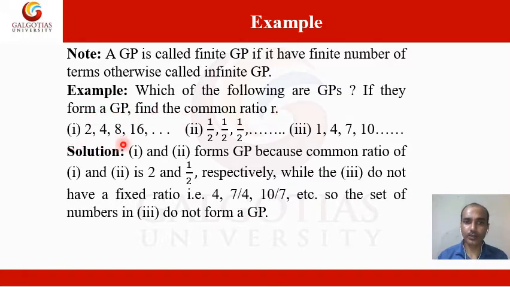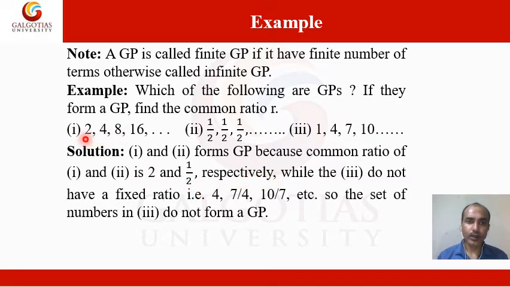The problems are: 1, 2, 4, 8, 16 and so on; 2, 1 by 2, 1 by 2, 1 by 2 and so on; 3, 1, 4, 7, 10 and so on. It is clear that problems 1 and 2 form a GP because the common ratios are 2 and 1 by 2 respectively.